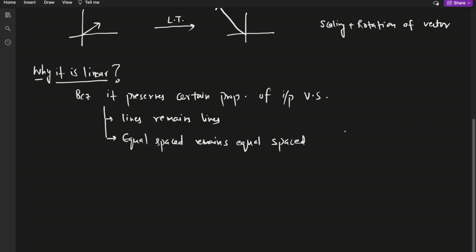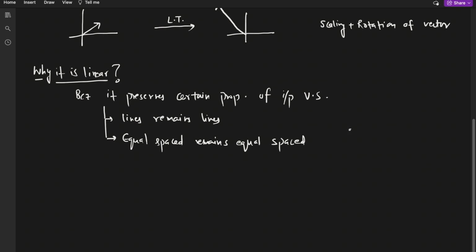It doesn't mean that if you have a square before the transformation, it also remains a square after. No, that is completely wrong to say. That square may become a rhombus if you do a shear transformation, or it can become any shape. But the thing is, if we take any points before the linear transformation, the spacing between pairs of points remains equal.